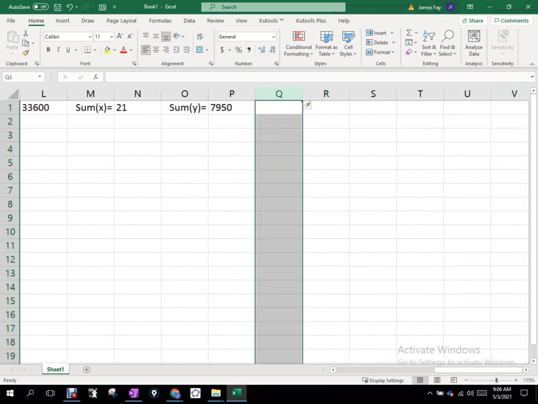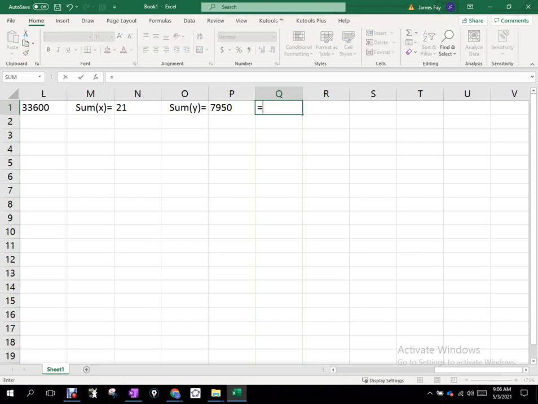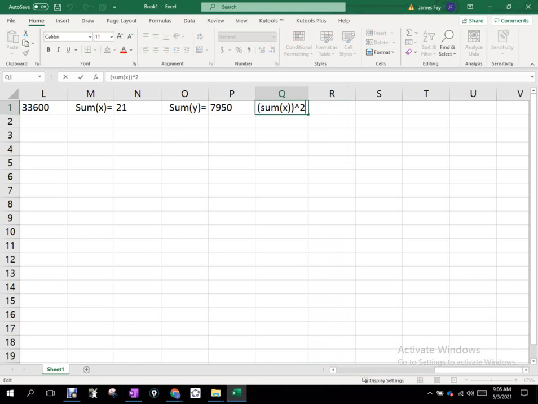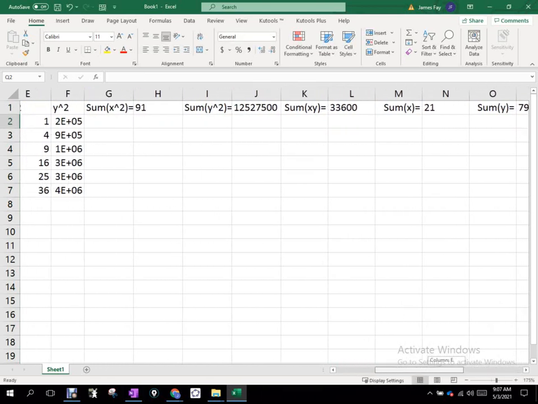So we're going to insert a column here. Okay, so Q, I'm going to say sum. Actually, I'm going to put parentheses, sum of x, like this, and then square that. Okay, if you remember what that was, did we have the sum of x's? Did we add all the x's up?